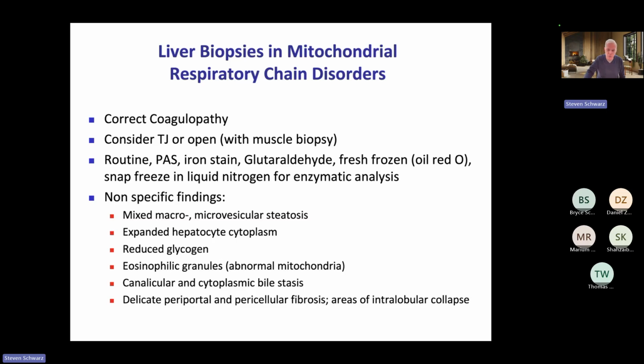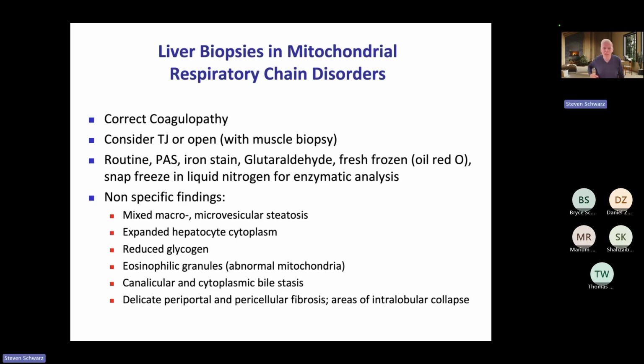So all of these patients should have EM done on them, and a variety of histopathological abnormalities. So when doing a biopsy in these patients, we should always, A, do a routine staining, B, get a specimen in glutaraldehyde for EM, and if possible, snap freeze, if not in liquid nitrogen, then at least in dry ice and acetone, so you can get the enzymatic analysis.